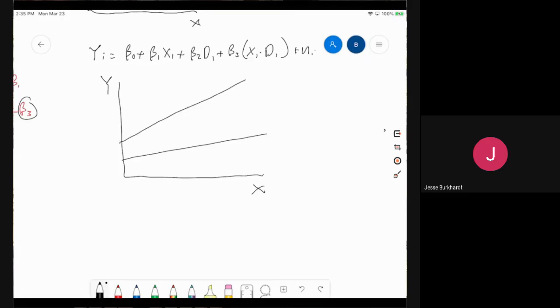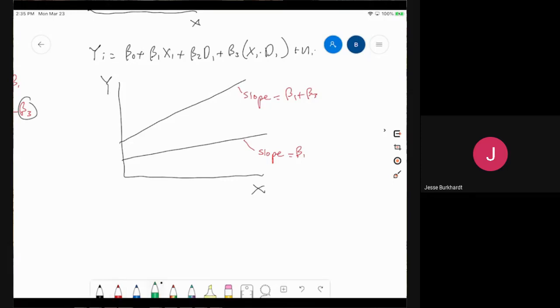Now one has a slope of beta 1, and this one has a slope equal to beta 1 plus beta 3.